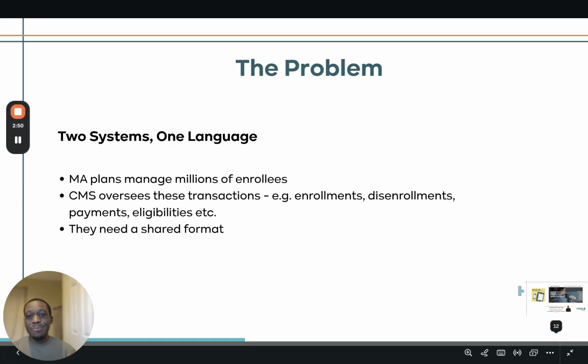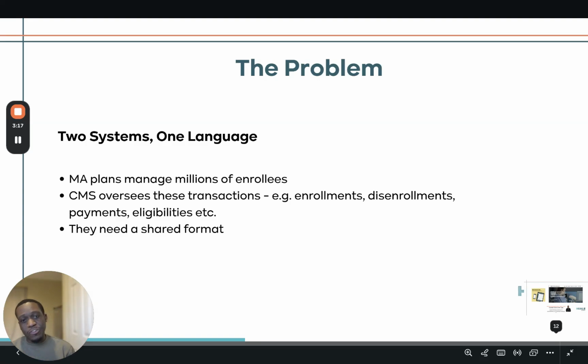The problem is there are two systems, but it needs one language. MA plans are managing millions of enrollees. There are several Medicare Advantage plans, PACE plans, POS plans managing millions of enrollees. CMS oversees the transactions going on between MA and the enrollees, and all these transactions flow back and forth between CMS and the plans.